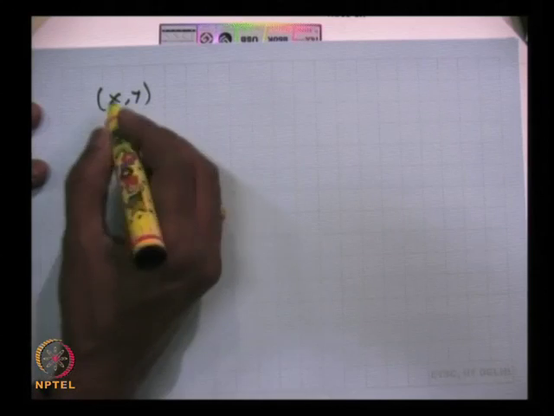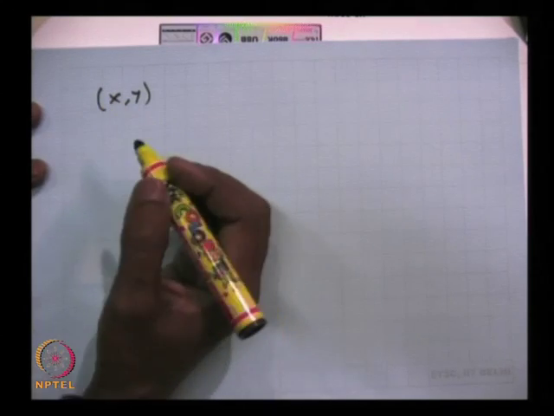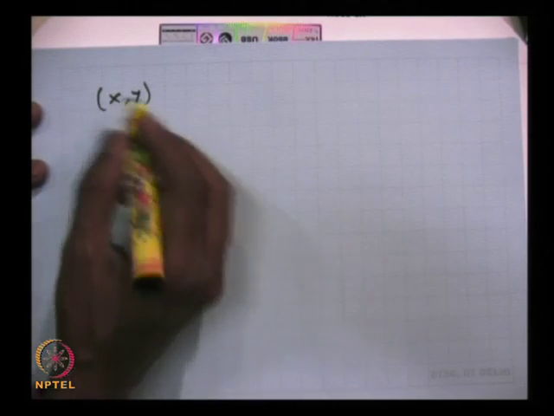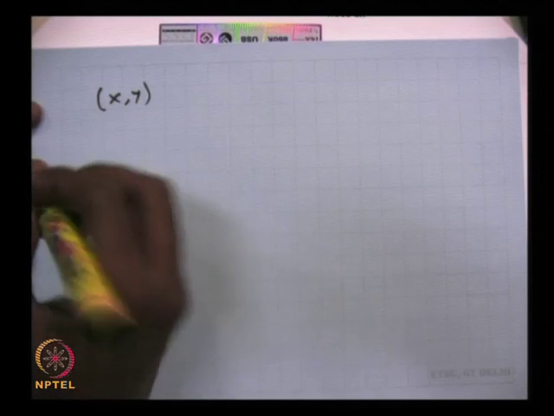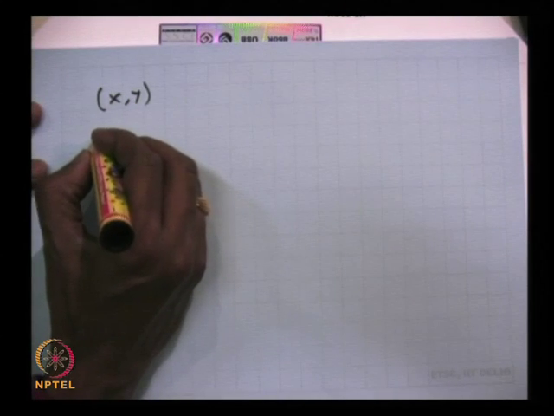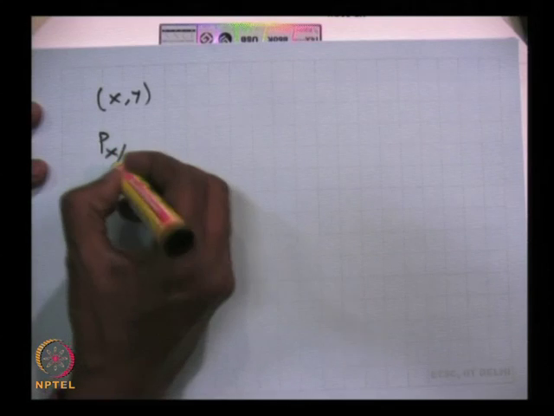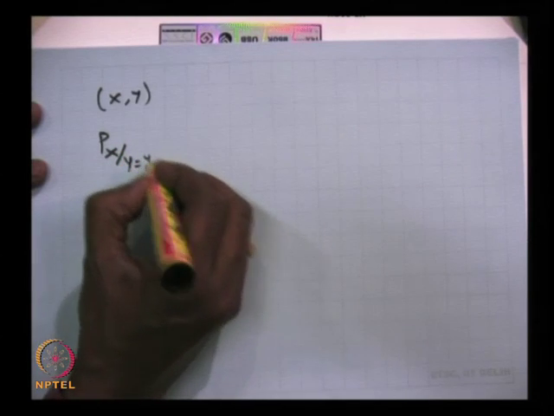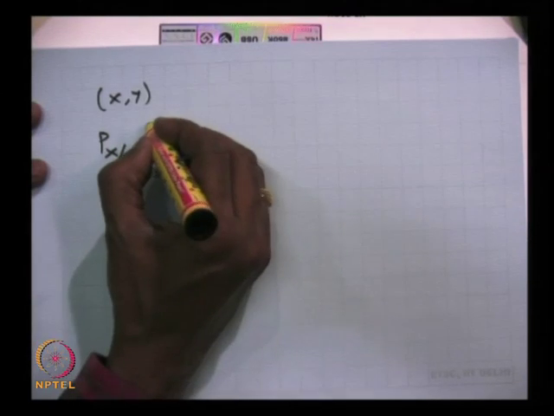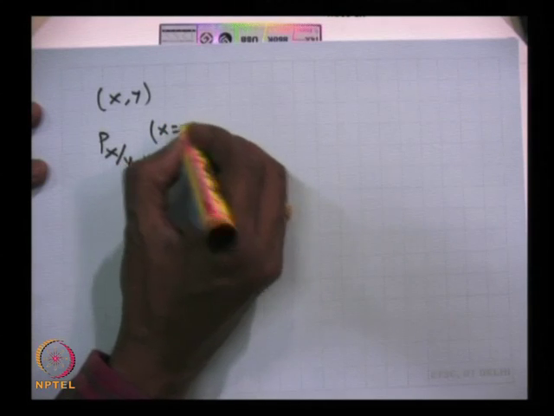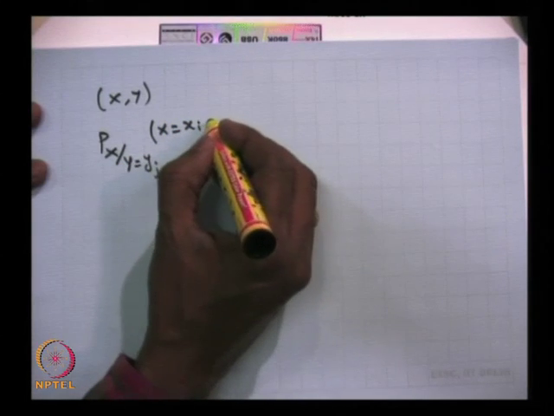Suppose you have a two-dimensional random variable (x, y), and suppose I make one more assumption, that both are discrete type random variables. Then I can define the conditional distribution of the random variable x given that y takes some value yj, where x takes the value xi.